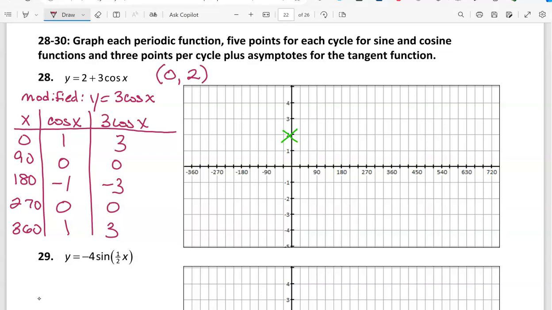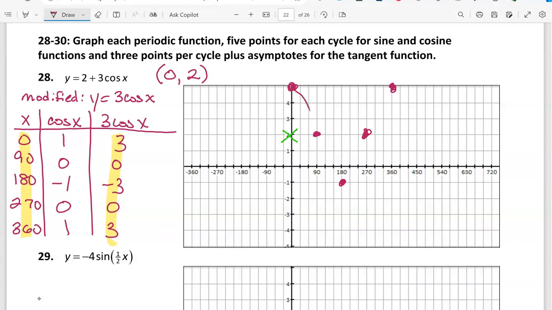And then graph my points, which are indicated xy pairs in the first and last columns of the table, but relative to the new origin. So (0, 3) is 0 to the right of the new origin and 3 up from the new origin. Then we have 90 to the right and 0 up from the new origin, 180 to the right and 3 down from the new origin, 270 to the right and 0 down from the new origin, and 360 to the right and 3 up from the new origin.